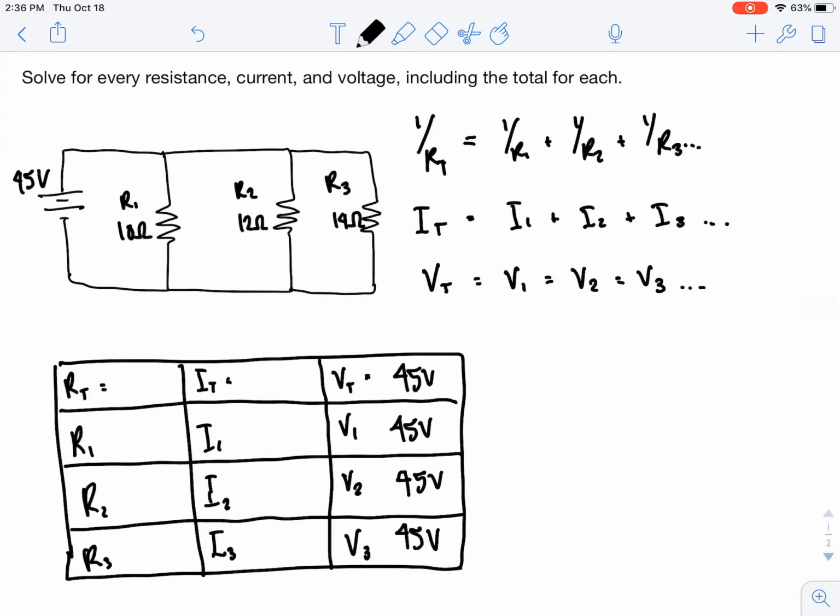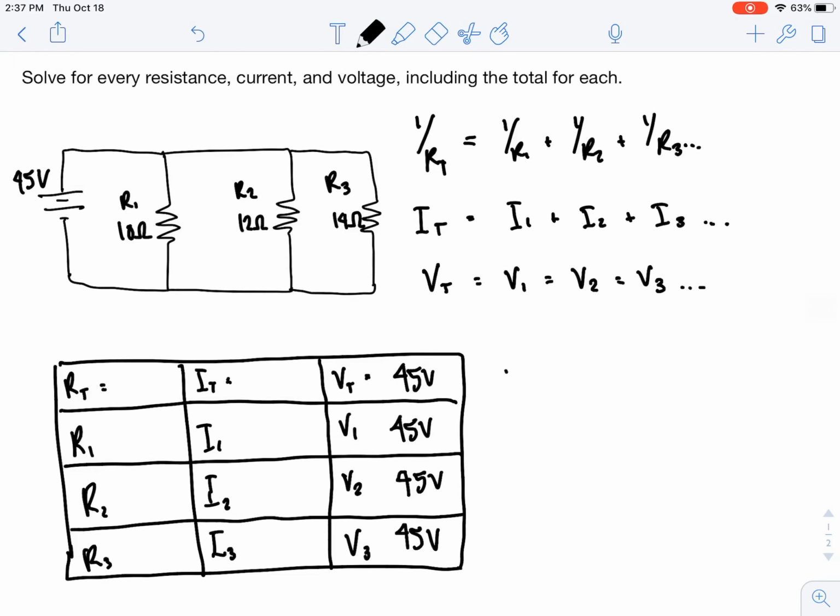Now, to go a little bit further, I have another thing that I can calculate. All of the resistances are given to me. So all I have to do is put it as 1 divided by whatever resistance I'm given.